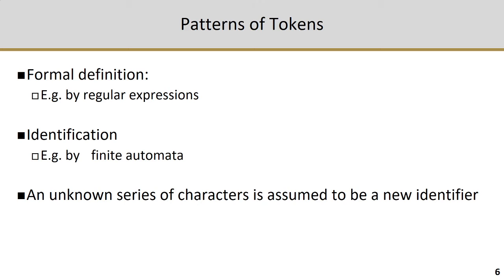That's why the patterns are typically defined by regular expressions or regular definitions, and that's why they can be easily identified by a finite automaton, which can be implemented easily, as you will see in the practical lesson next week.